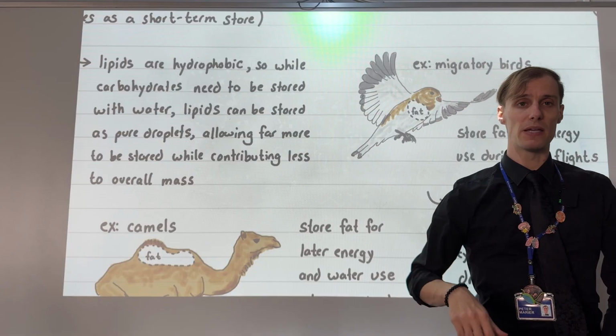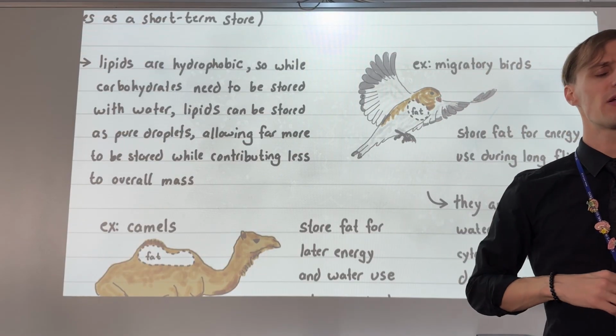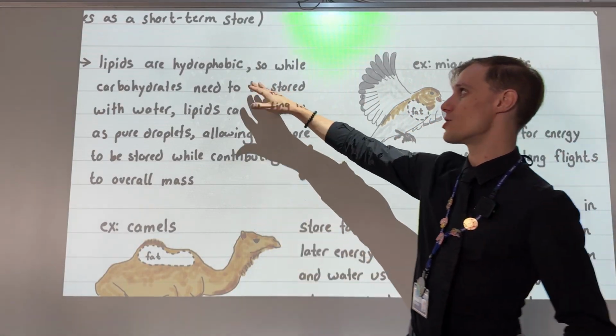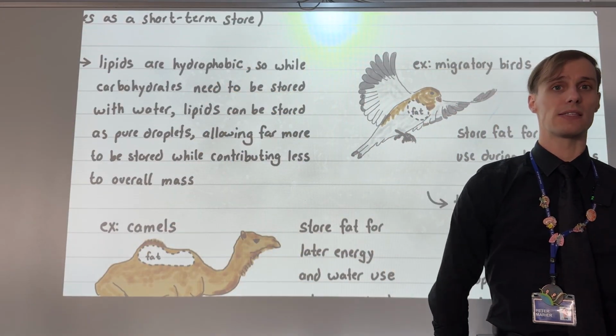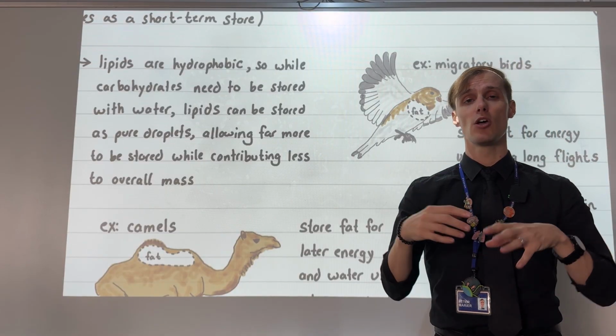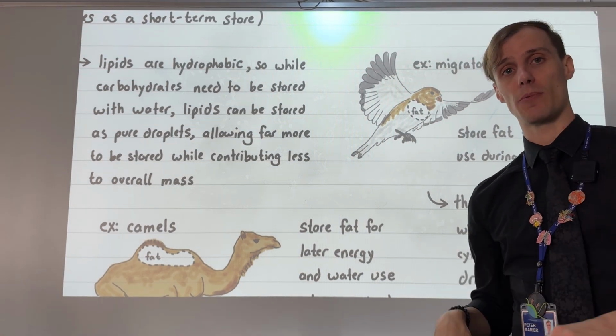Another advantage of lipids is that if I'm going to hold something long term, I want to hold it in a very efficient manner. And lipids, as we've just discussed, are hydrophobic. So that means that when I store lipids, I can store them as pure lipids, no water around as well. That's not true for carbohydrates.